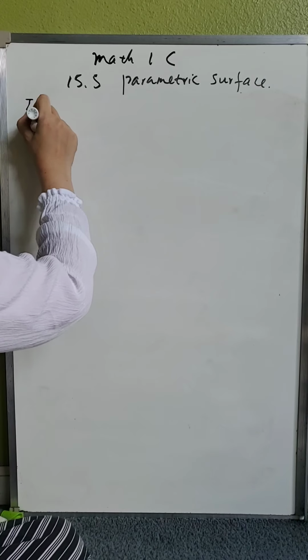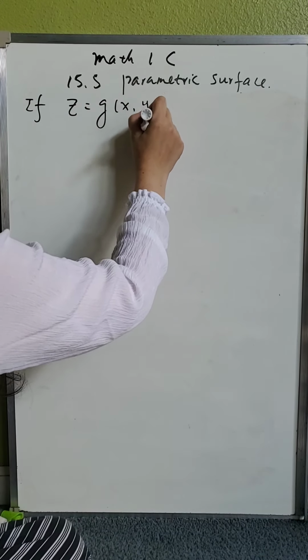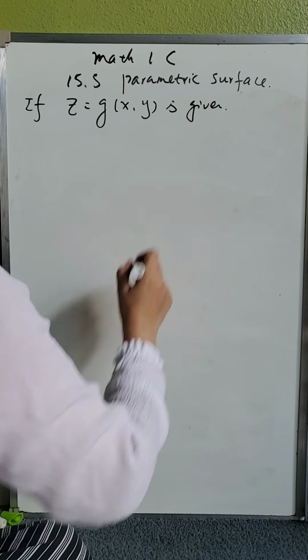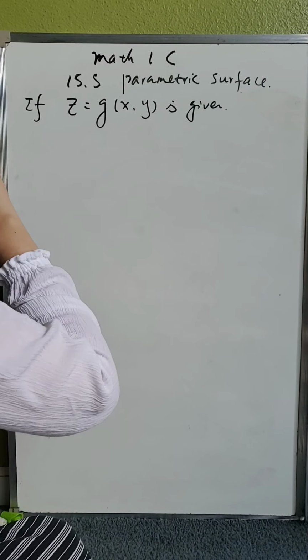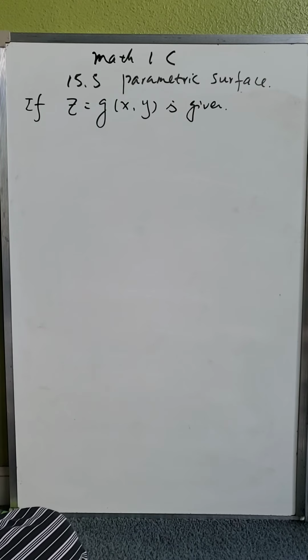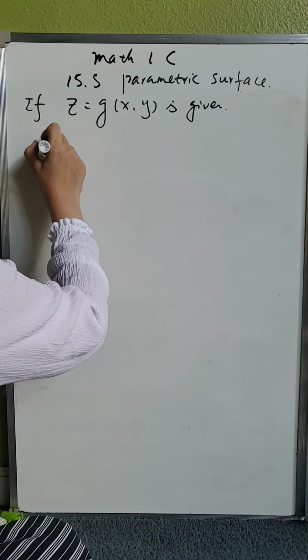The second situation is if this is given. We love this one. If this is given to you, then it becomes easier now. We haven't done the gradient yet, so I couldn't tell you yet, so I will just give you this first.